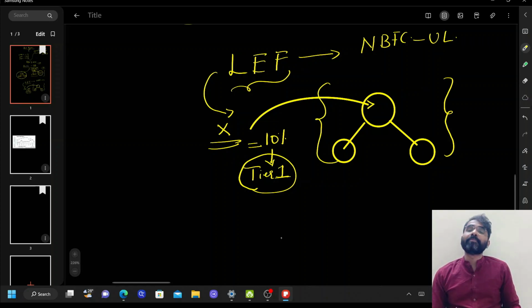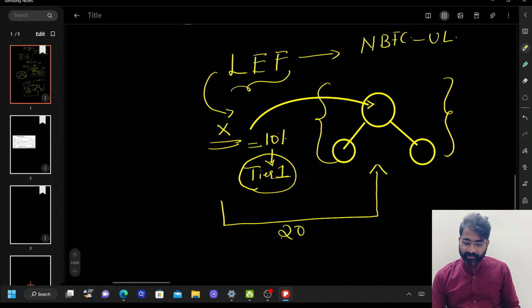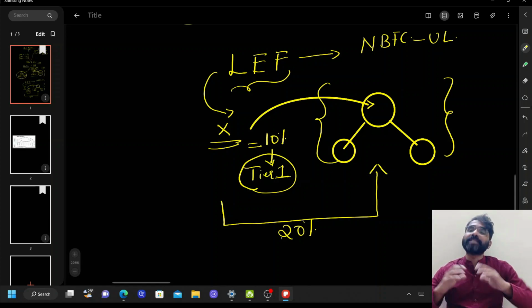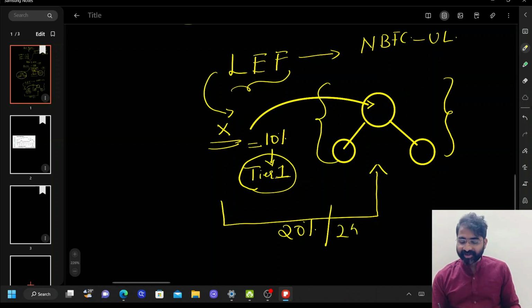Now, what RBI guidelines were saying, when you're giving such loans to these connected groups of companies, it should not be more than 20% of your tier 1 capital. In exceptional cases, based on the risk profile, it can go up to 25.